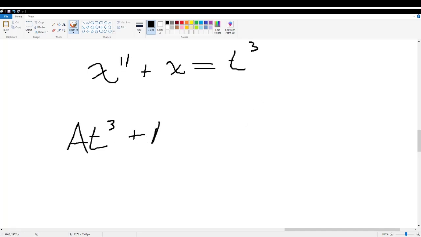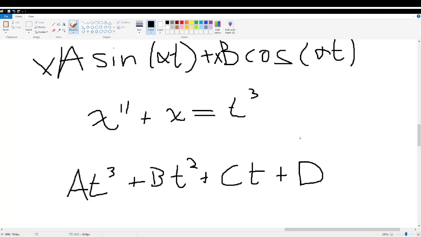But it's also going to have to include a t squared, a t, and a t to the 0, or just a 1, each times a coefficient. And again, the reason is because we have differentiation occurring, so we need to make sure that there's opportunity for all these coefficients to cancel out.